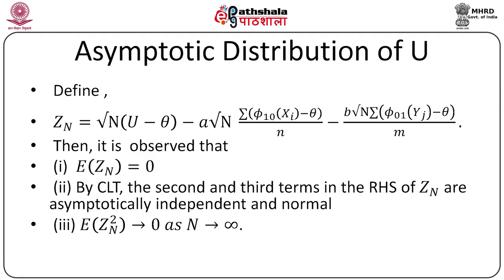Now sigma square 10 is already derived as variance of (X1 minus mu x) whole square, and sigma square 01 is derived as variance of (Y1 minus mu y) whole square. Therefore, it is easy to observe that the asymptotic variance, that is sigma square, is a weighted sum of the asymptotic variances of two univariate U statistics, and the weights are inversely proportional to lambda and 1 minus lambda respectively.